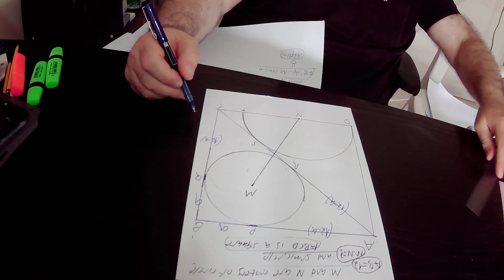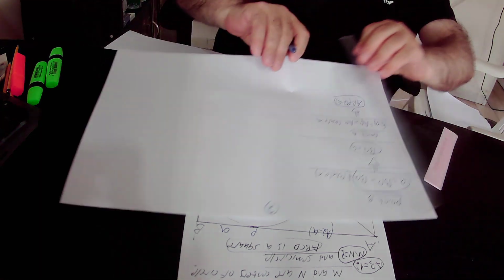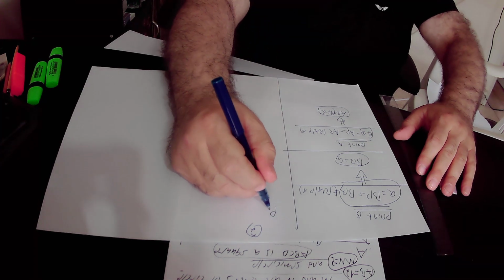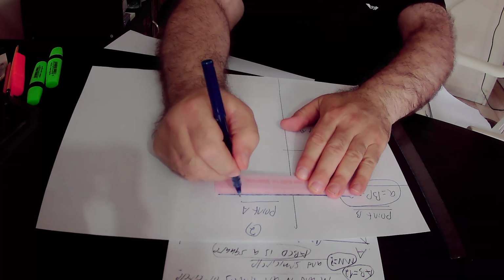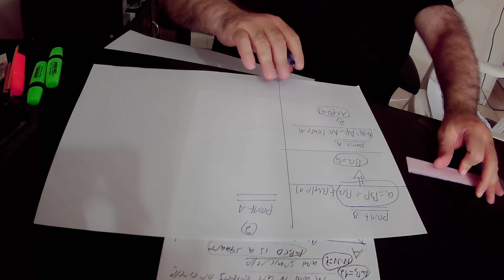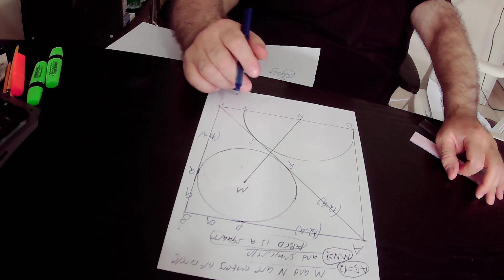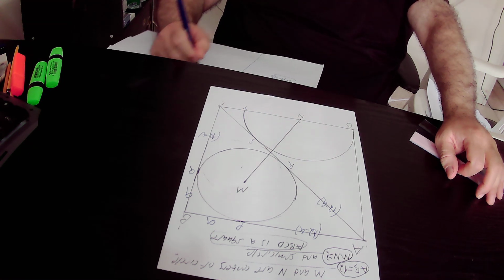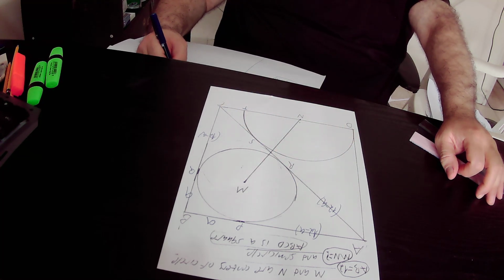We will continue to focus on the external point A. From the external point A, we have two tangents to the semicircle. The first tangent is tangent AD, and the second tangent is tangent AS.